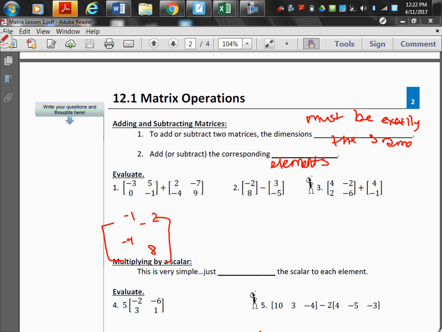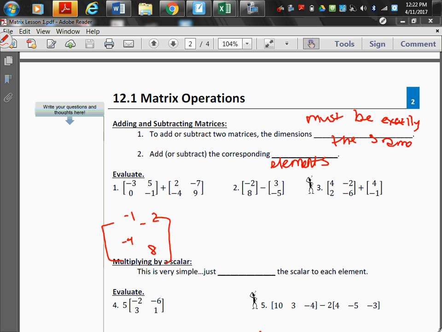So, 12-1, practice. Matrix operations. Oh, no, we got to do scalar first. And scalar. All right, multiplying by a scalar.